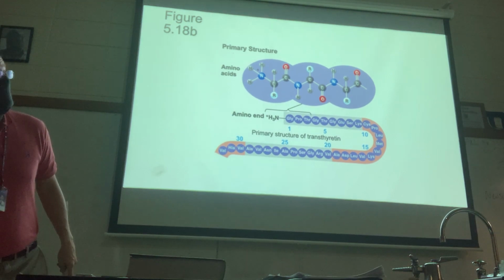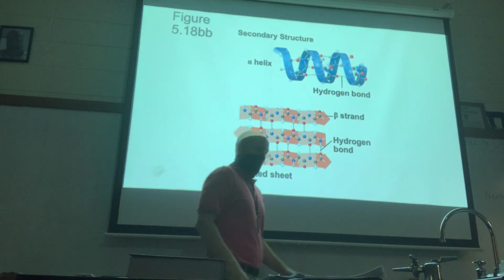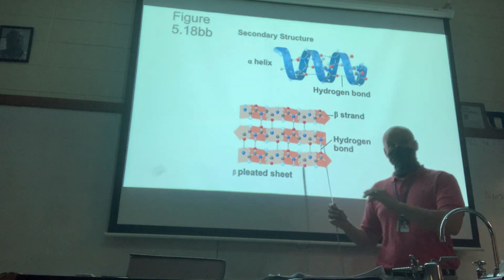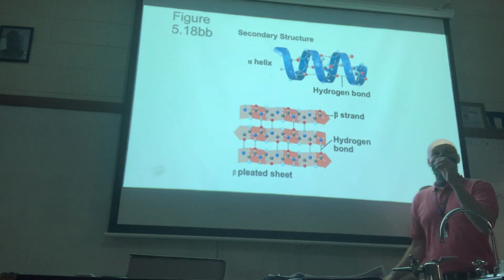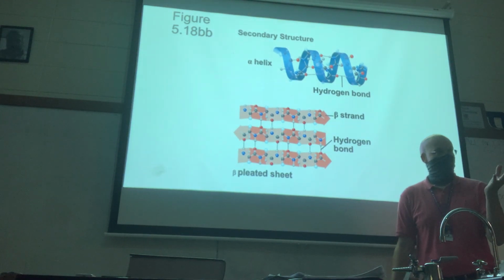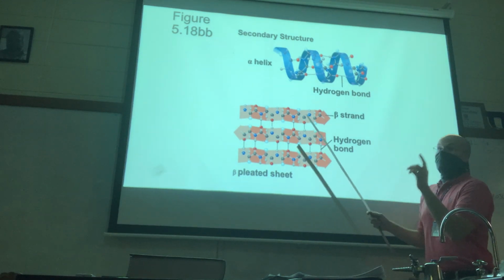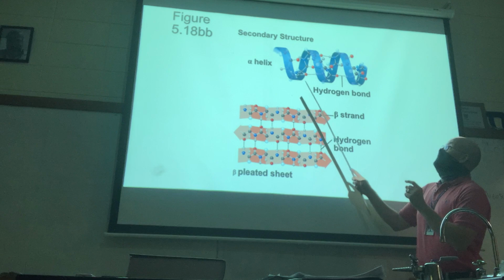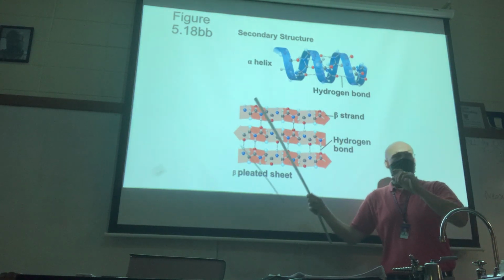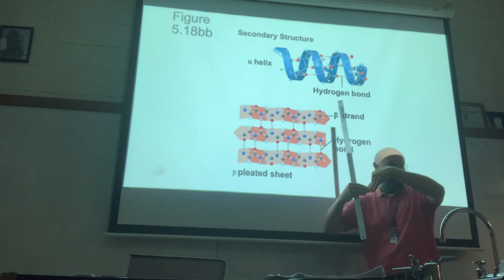Secondly is the secondary structure. And again, while it looks complicated and they use fancy complicated names, it's actually got a simple definition if you break it down. Based on the order, based on that primary structure, these chains can twist or fold.